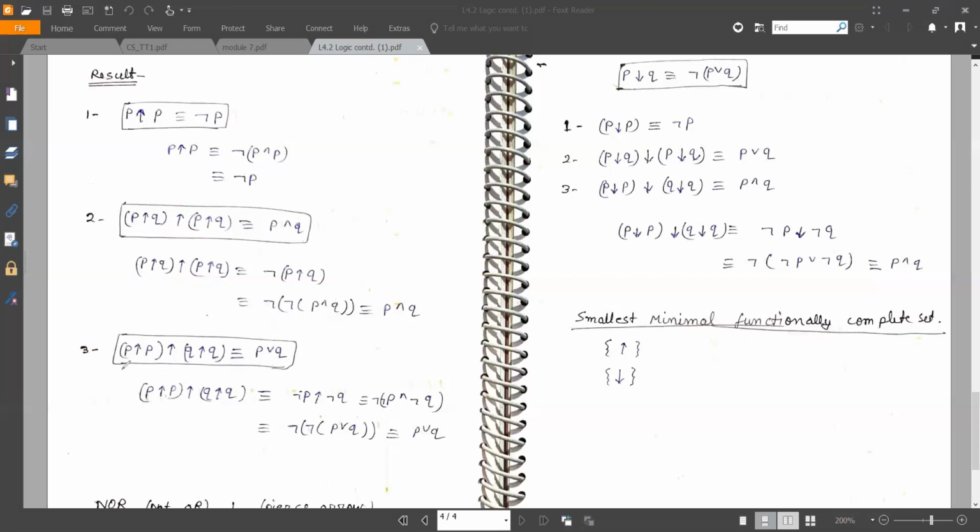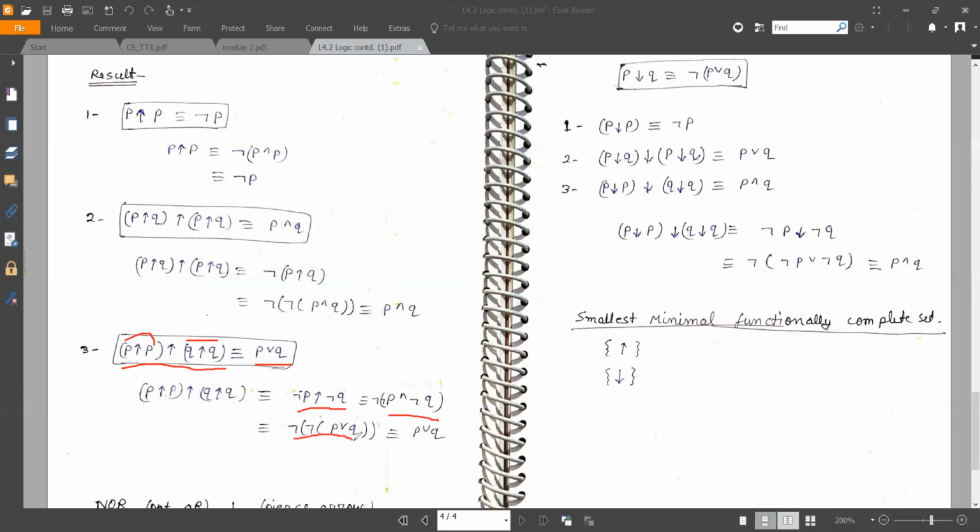Now there is another rule. Simply see this: first we combine P with NAND of itself, and then we combine Q with NAND of itself, and we are trying to find the NAND of the resultant, which is simply P disjunction Q. With all the rules we have studied, you can see here this is a negation of P simply, this is a negation of Q simply, and we find the NAND of these two, then replace the NAND with a conjunction and an entire negation outside the bracket.